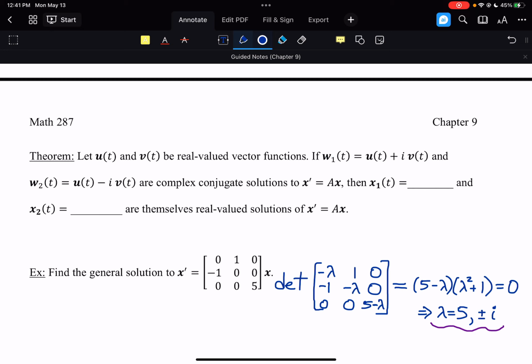Okay, so these w1 and w2 are both solutions, but they are complex. Then x1 can be u of t, and x2 will be v of t. They are themselves real valued solutions of that system.